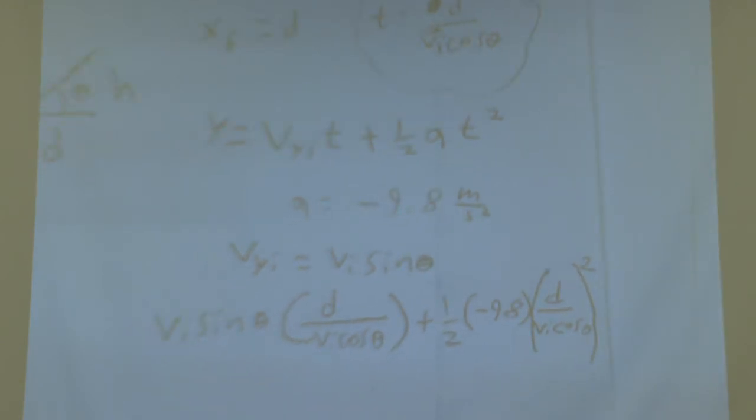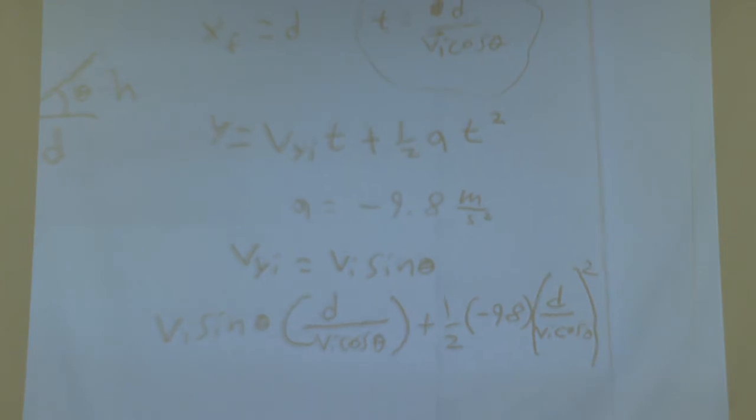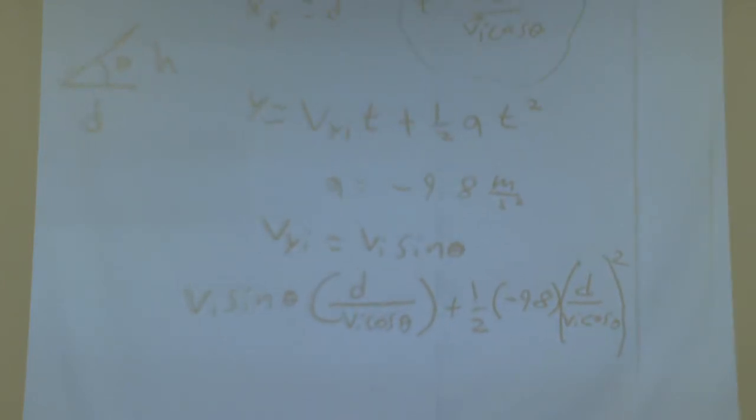All right. At this point, we're just going to plug in the numbers that were given to us, if we were given some numbers, and we're going to solve for h. In this case, we don't have numbers, but we can still solve it algebraically.